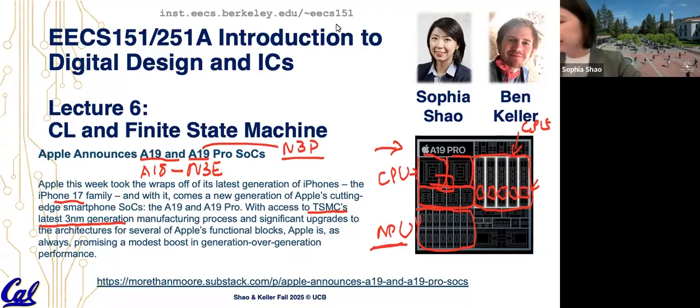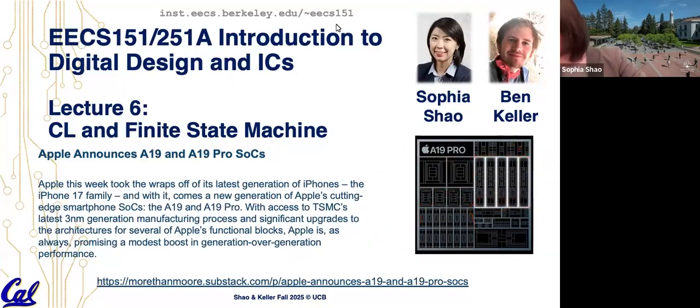And for folks who are interested, there is a very interesting die shot. People are analyzing the A18, and you can see the more representative sizing of different components. So this is some of the more recent interesting news on state-of-the-art SoCs, especially for consumer electronics.